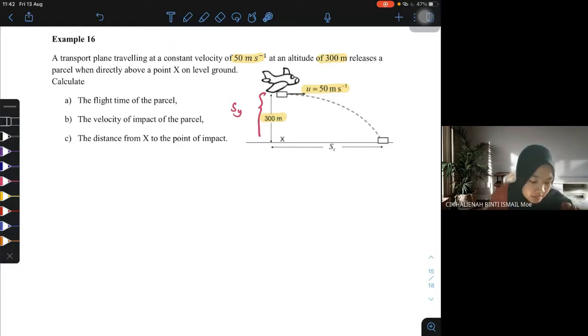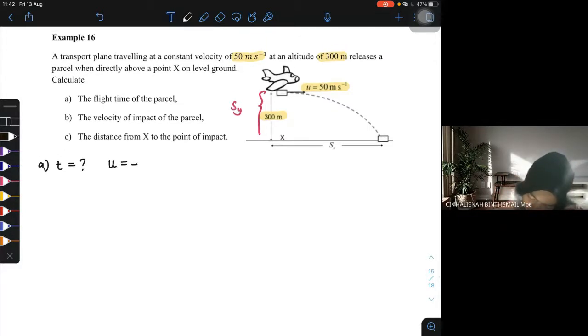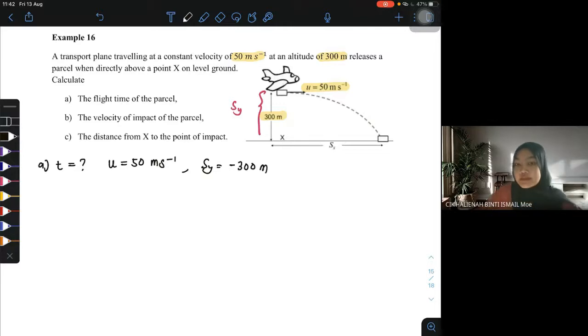First of all, calculate the flight time of the parcel, which means, apabila dia release ni, dia akan jatuh ke point ni. So we want to find how long does it take for the parcel to reach the ground. So we want to find T. And then we are given here U is positive 50 meter per second, and then SY, obviously dia adalah ke bawah, negative 300 meter. Okay, so we want to find T. How do we find T?